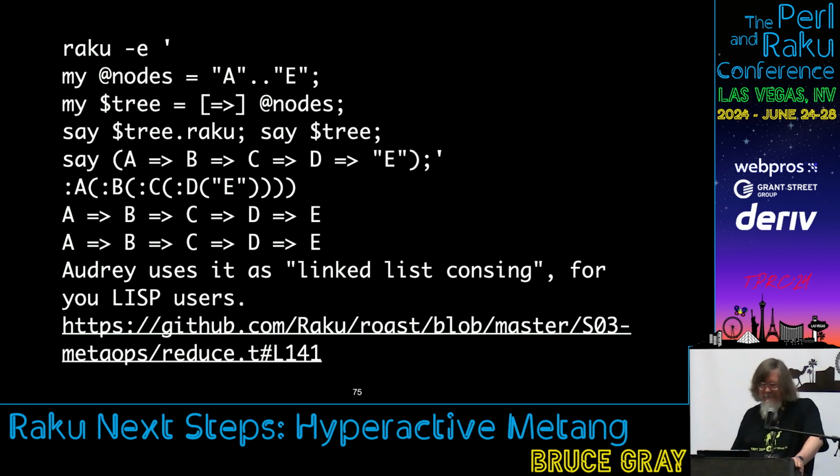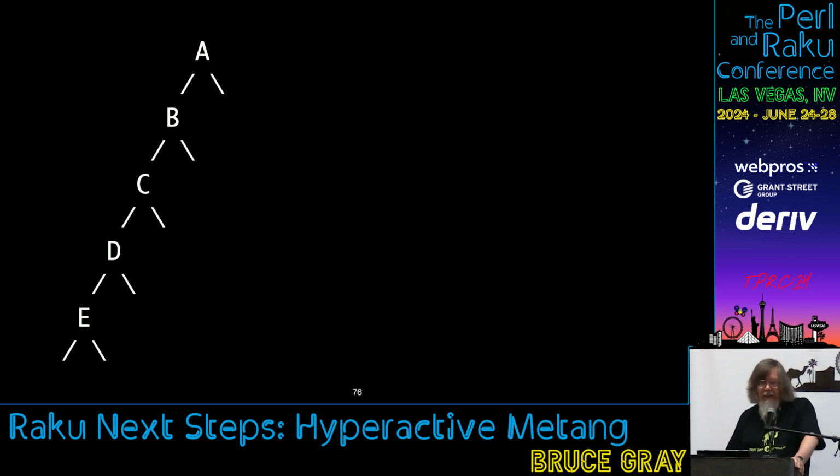I don't speak Lisp really, but apparently that is pretty cool to be able to just do. And it would look like this or like that, depending on how you like your trees drawn. Okay, so that's all reduction. And it's in Perl also, in probably List::Util.